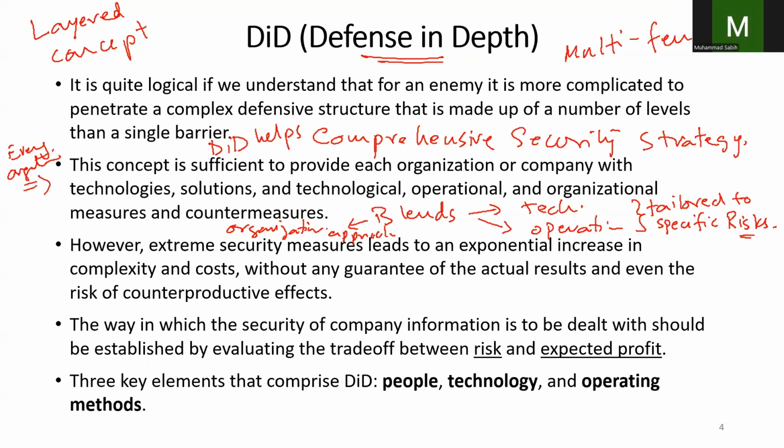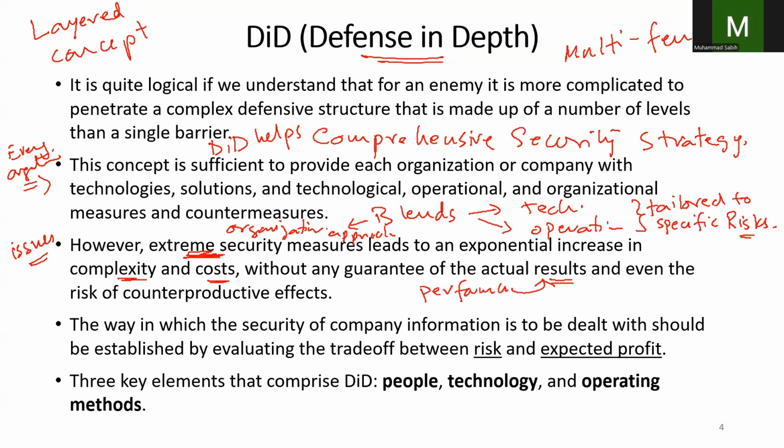It is also important to recognize the law of diminishing returns. Extreme security has some issues. There are some challenges if we increase security too much. That may increase the complexity as well as the cost without any guarantee of the performance and the results, because results come from performance.